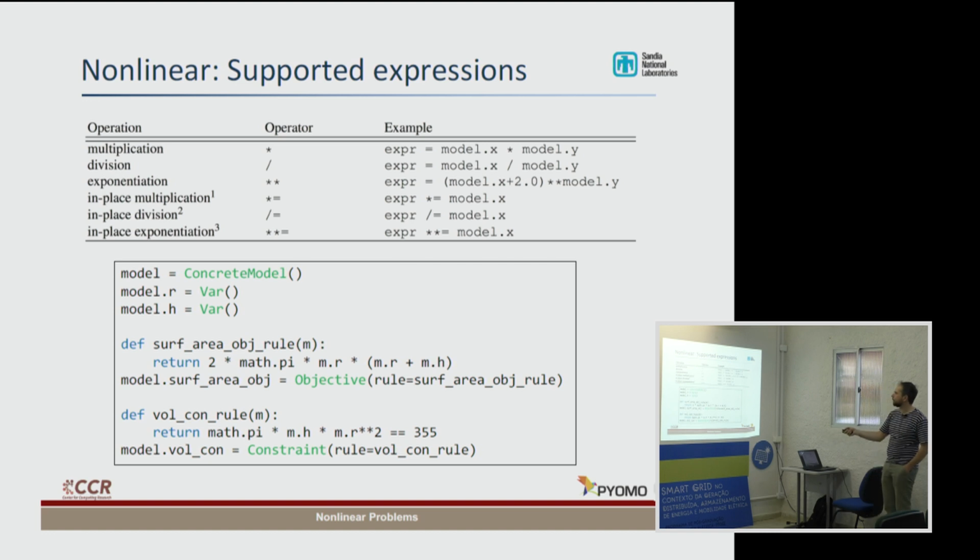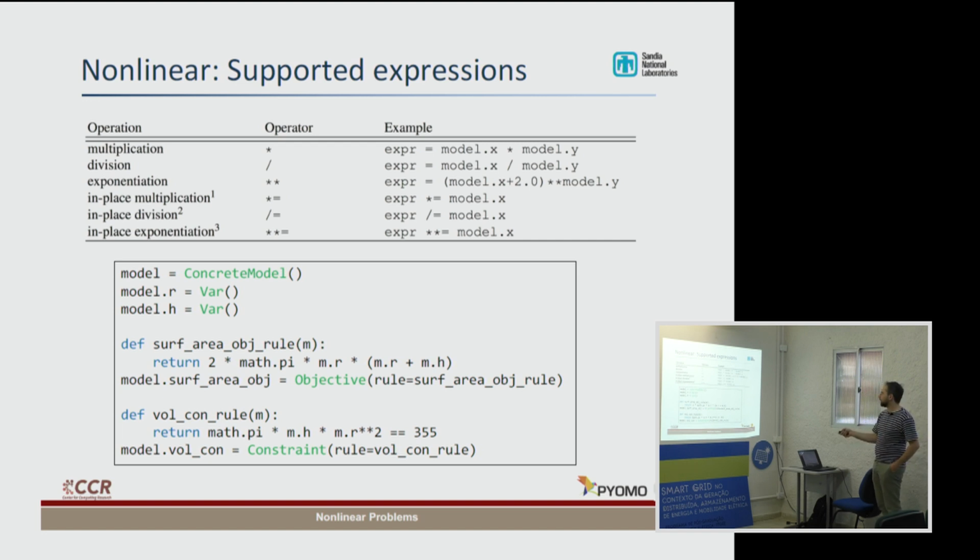Here you have an example. I define a function that returns an expression. So 2 pi times r plus h. What's the surface area of an object here? Probably it's a cone, a cylinder.